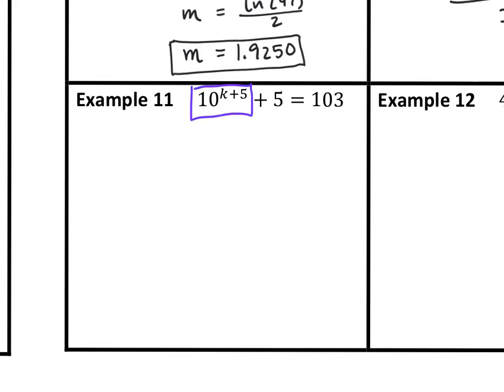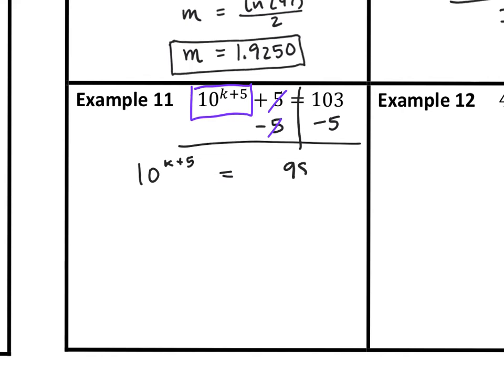And so the opposite of adding 5 is subtracting 5. So that's going to leave me with 10k plus 5. These are going to cancel. Equals 103 minus 5.